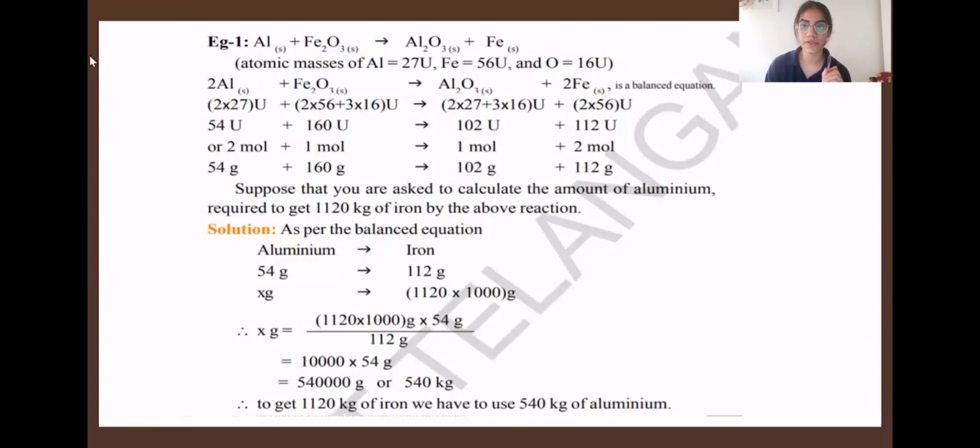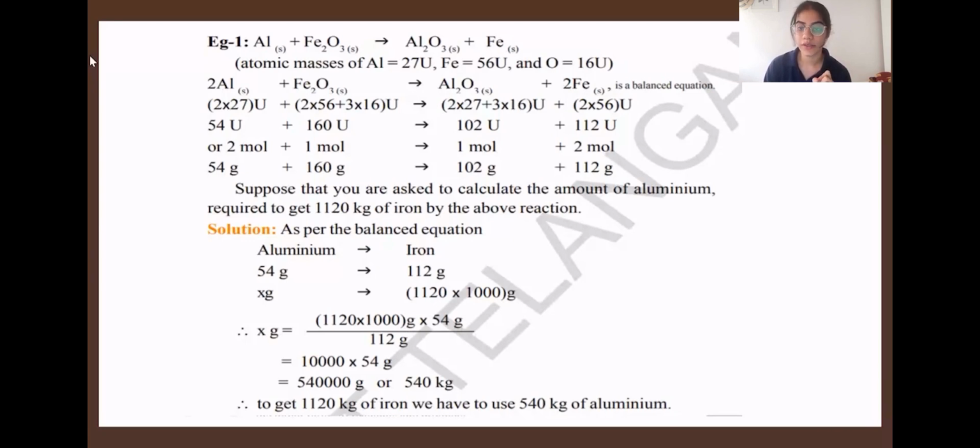Two atoms are present, so we multiply it by 2: 2 into 56, plus oxygen with atomic mass 16. We have 3 atoms, so we multiply by 3, giving us 3 into 16. We add the entire masses, and the total mass we get for the ferric oxide compound is 160 units.